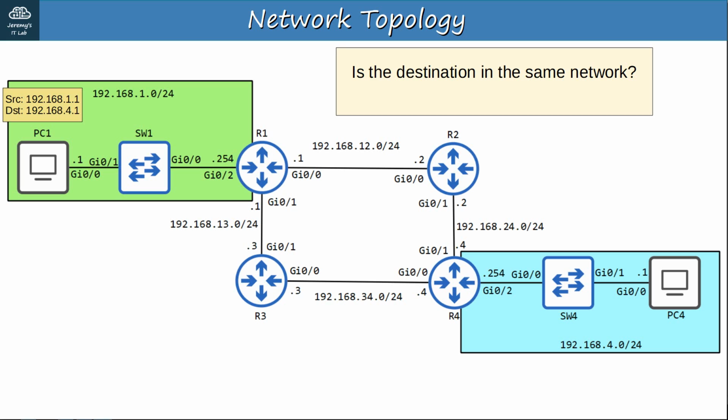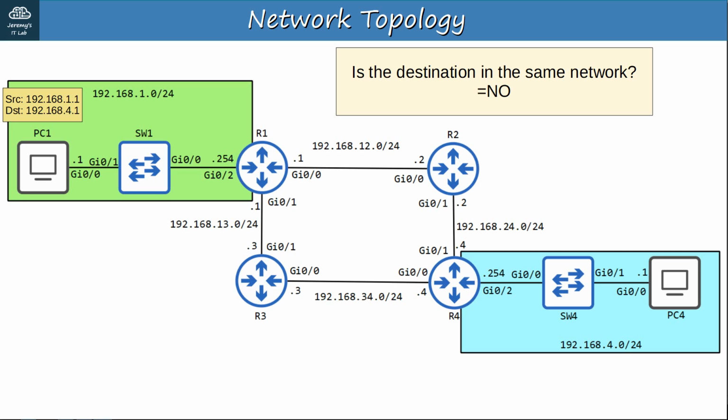Well, PC1's IP address is 192.168.1.1/24. /24 means that the first three octets are the network portion, so 192.168.1 is the network portion of the address. How about PC4? Its address is 192.168.4.1/24, so 192.168.4 is the network portion. So the answer is no. These two end hosts are in different networks. Because of this, PC1 can't forward the packet directly to PC4.